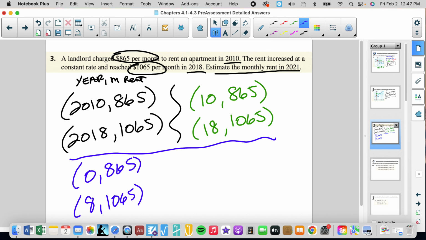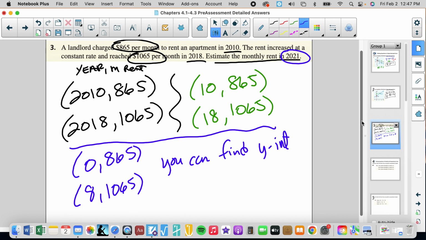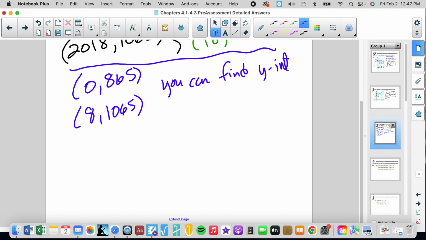Now the benefit of using this data is you can find the y-intercept a whole lot easier, using that first year as your starting point and 8 years after that, 2018, as your final, and then it'll help you find your 2021 year. So most of us are going to try to write an equation in y equals mx plus b form. We can write an equation for that information.